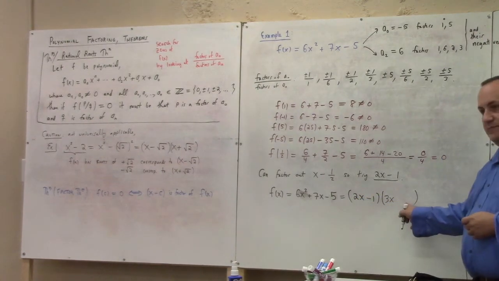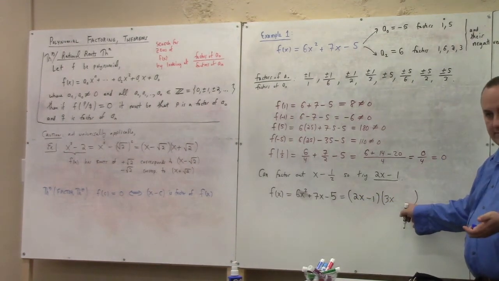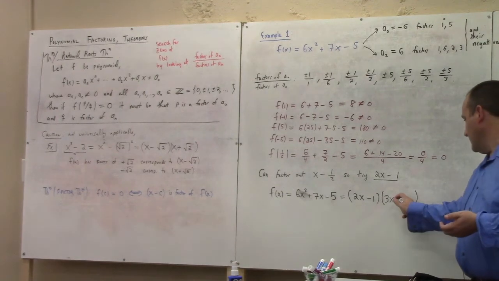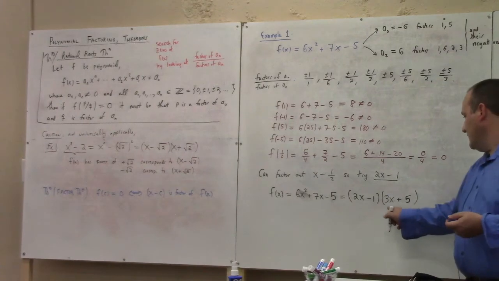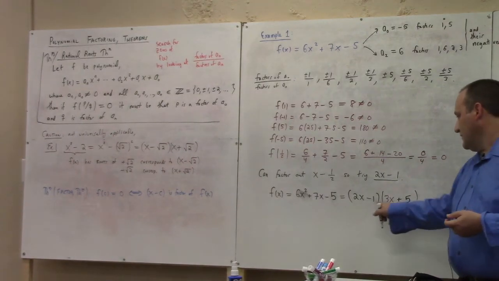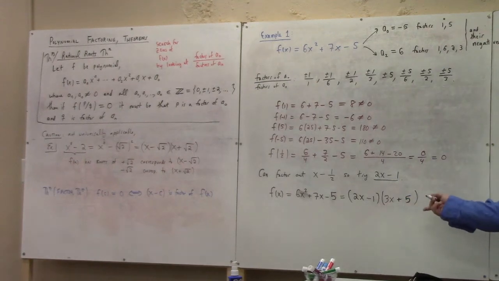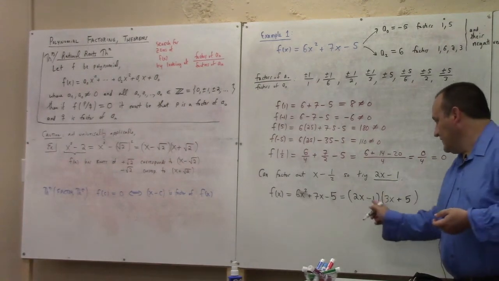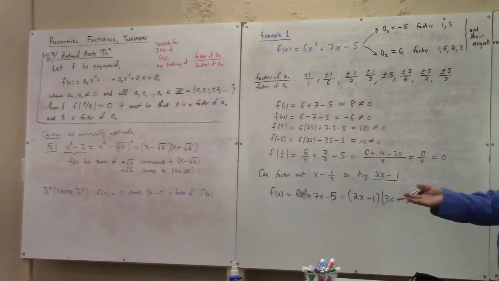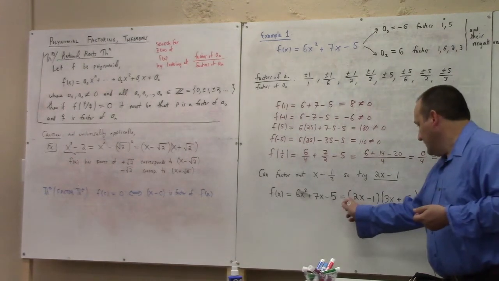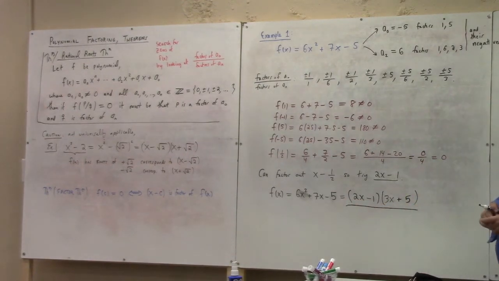I have to put what? I've got to put plus 5 here, right? And then we can check our work, right? So I have minus 3x plus 10x gives me 7x. Minus 1 times 5 gives me minus 5. 2x times 3x gives me 6x squared. We got it. Here we go. That is a factorization of that quadratic, right?